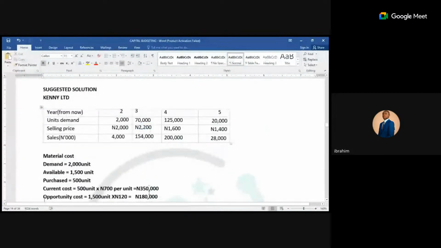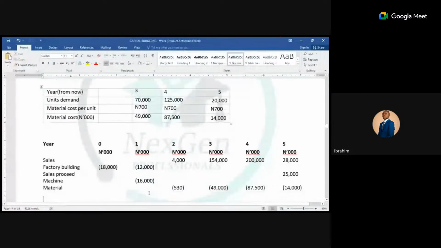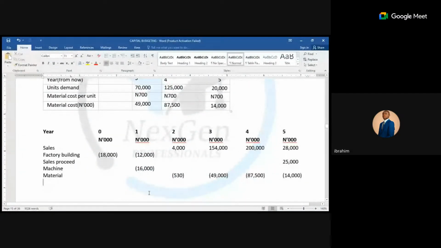Labor costs or redundancy. So 2 million. Then at the end of the project, they have to pay this 3.5.